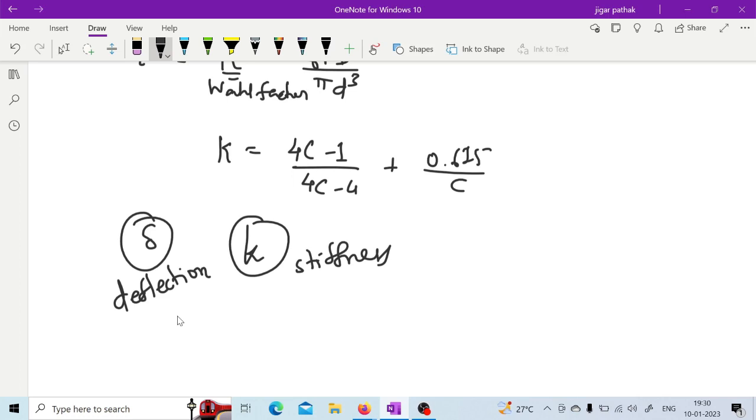So it is not exactly same, but you can consider it as that particular effect of this curvature as well as effect of this direct shear stress, right? Okay. So Wall factor is derived from considering both curvature and the direct shear stress. Yes, yes, by considering both. Okay.